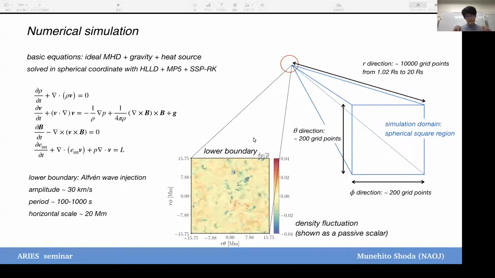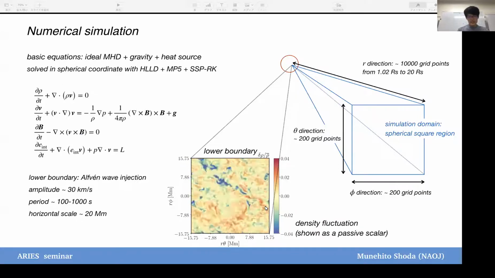So the lower boundary is taken to be the coronal base just above the transition region, but instead we are more focusing on the evolution of turbulence from the coronal base to the distant solar wind. The basic equation is actually very simple. We solve the ideal magnetohydrodynamic equation plus gravity plus thermal conduction and radiative cooling. And at the lower boundary, we impose a fluctuation to trigger the Alfvén wave inside the solar wind.